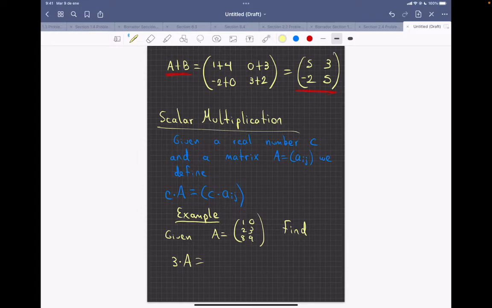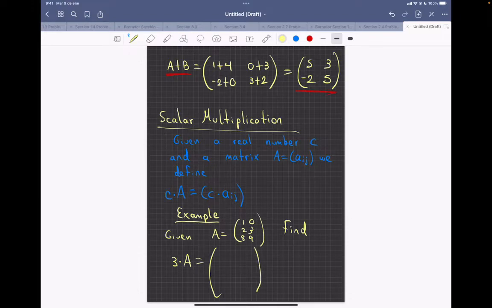Example. Given this matrix A, find the scalar multiplication of 3 times A. So what do I need to do?